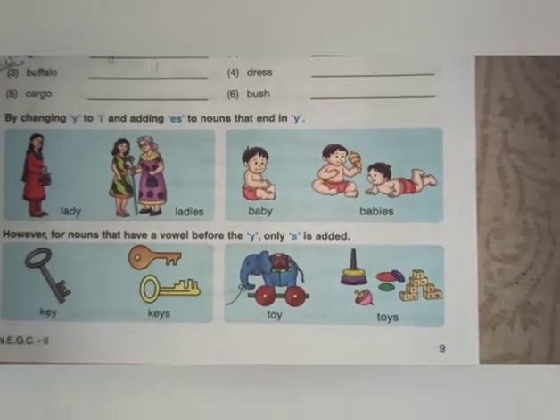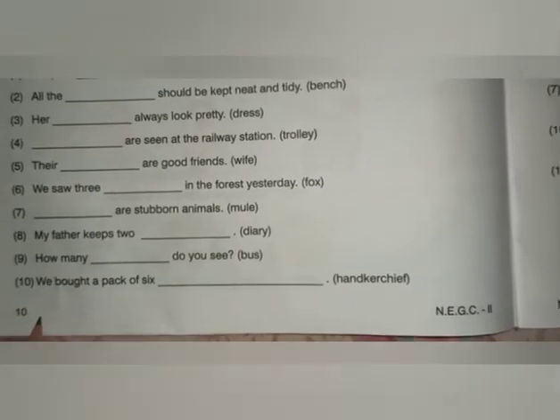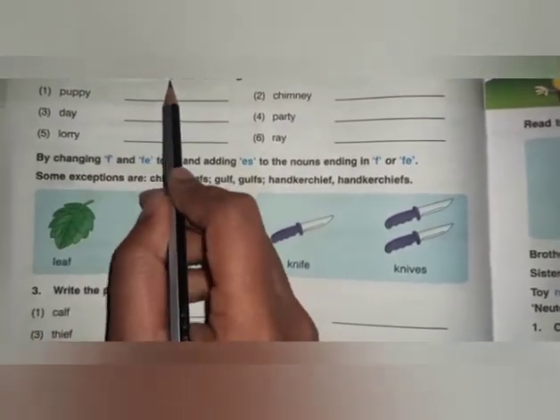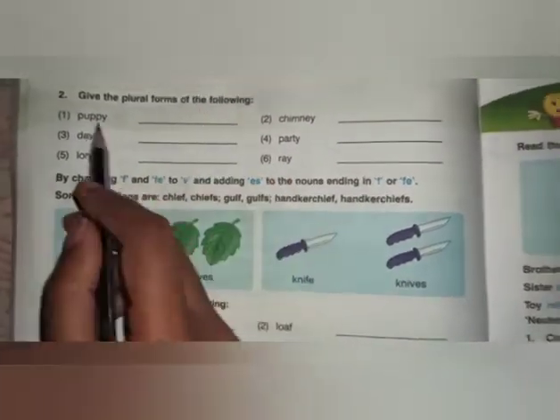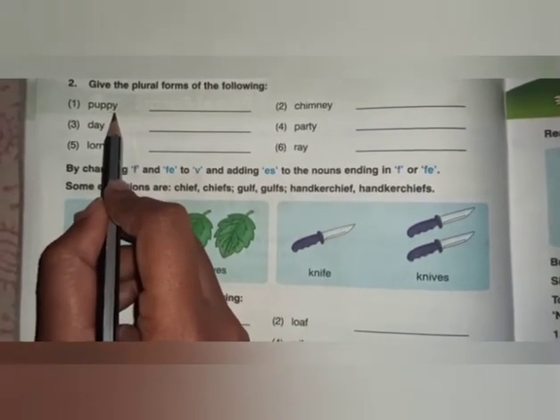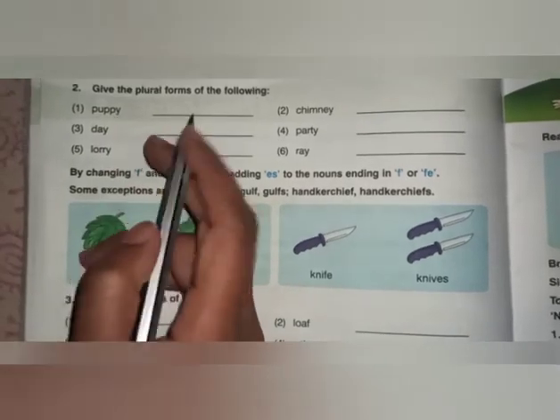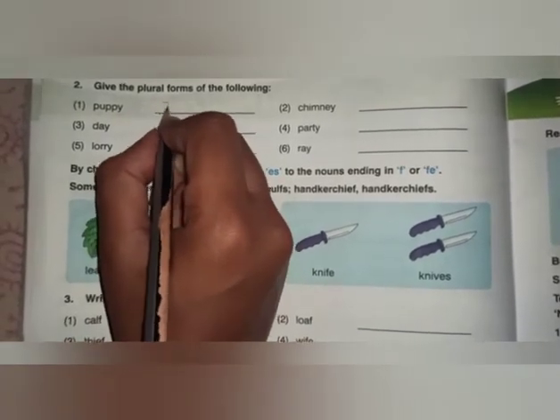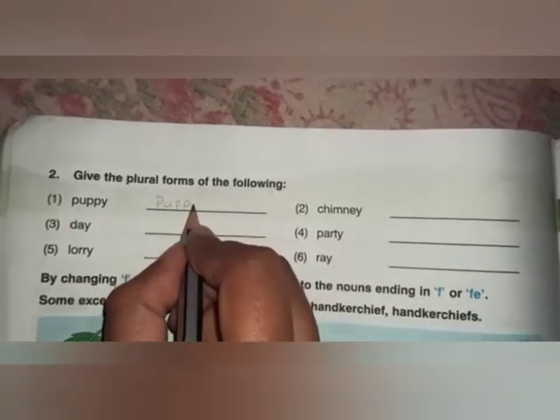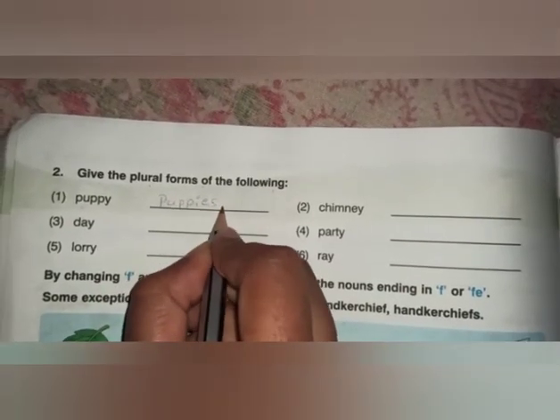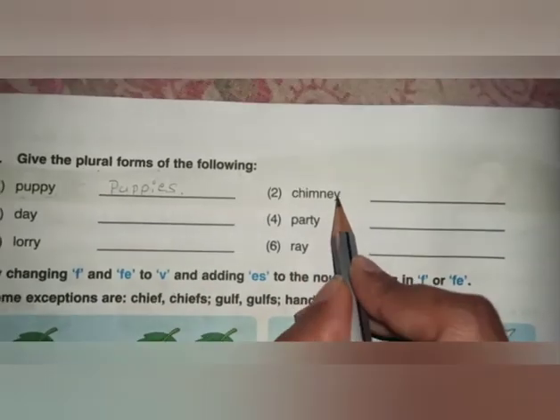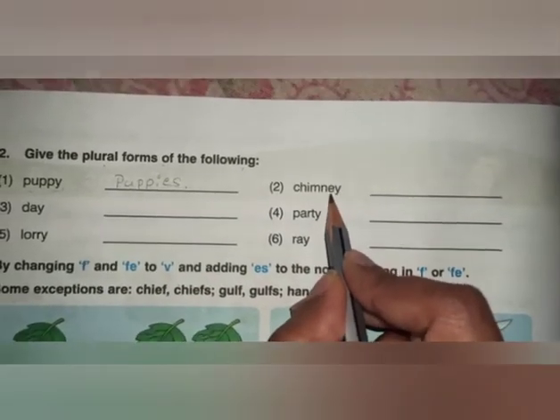Understood children? Open page number 10. Give the plural forms of the following. Puppy. Puppy ends with a Y. So we have to add IES. Puppies. Chimney. See children, before Y is a vowel.